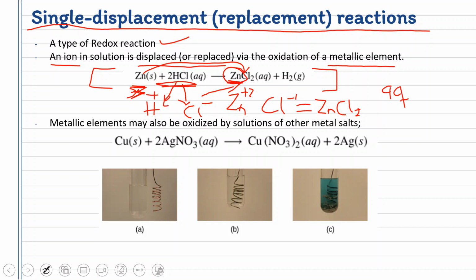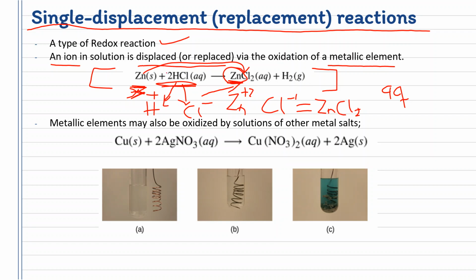Zinc has taken the place of hydrogen. So this is a perfect example of a single displacement reaction where our hydrogen, which was combined with chlorine here, has now been replaced with zinc, which is the metallic element, and now it's releasing a gas called H2, hydrogen gas. It liberates the gas.